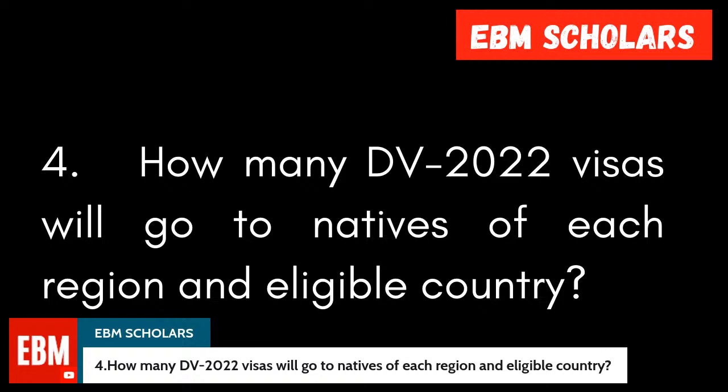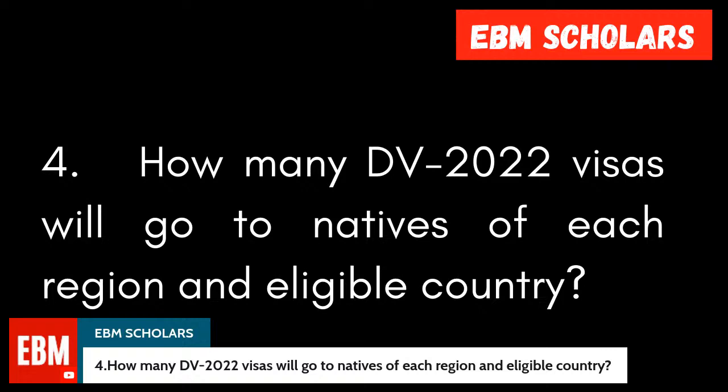There is a particular formula under the United States Citizenship and Immigration Services. They have a special formula which determines the limit of each region. I usually tell people when I talk about the selection that the entire world is divided into 6 regions.